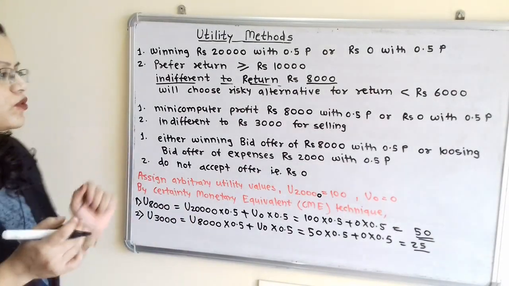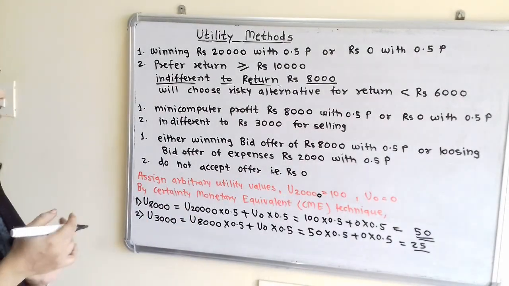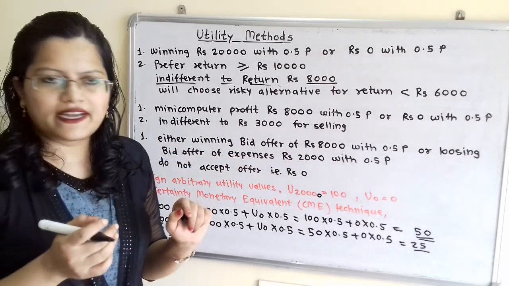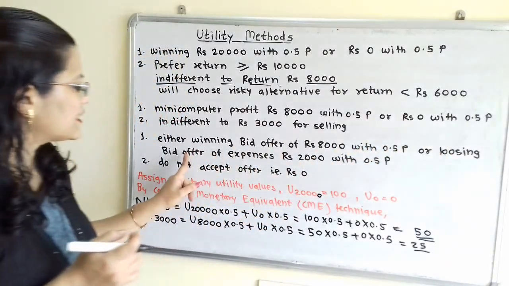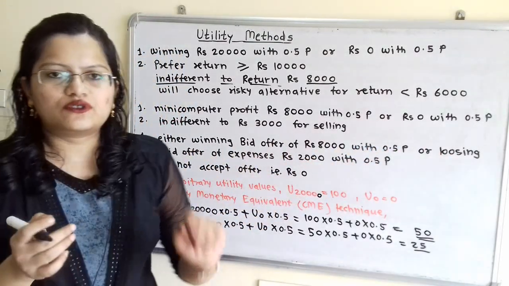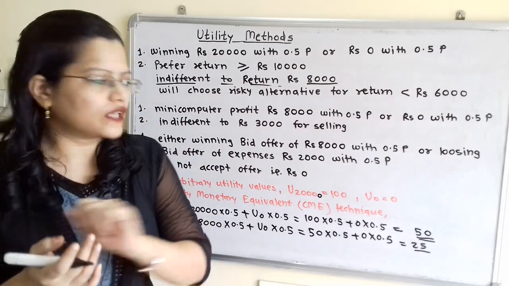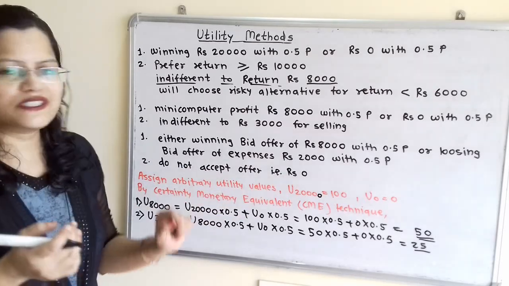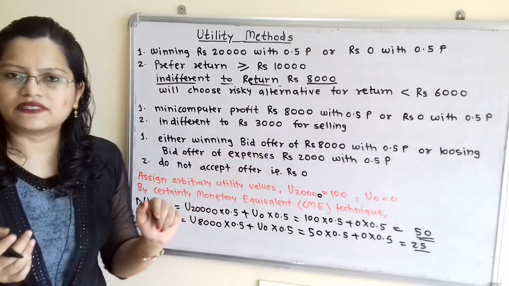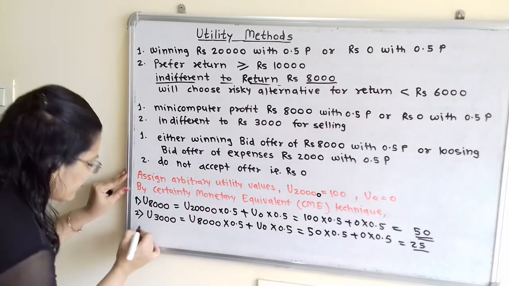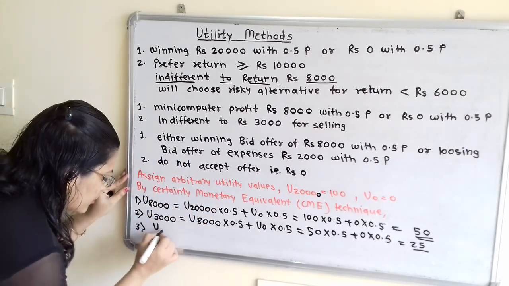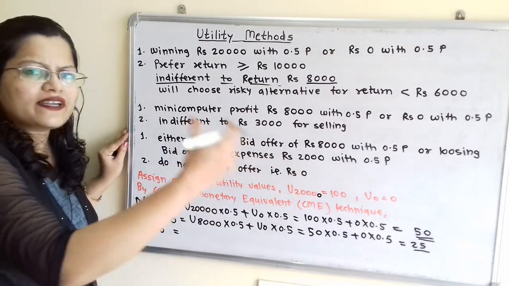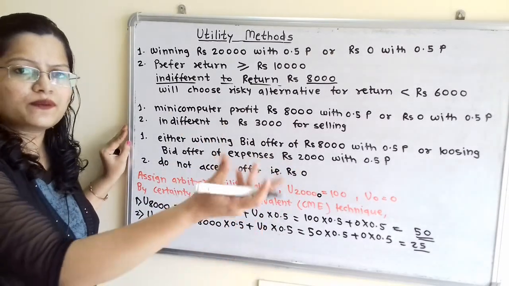Now again we will move to the third case. For this third case, it is given that there are two alternatives: winning the bid offer of 8,000 with 0.5 probability, and losing with minus 2,000 with 0.5 probability. The other alternative is that he should not accept the offer. He is indifferent to accepting the offer. So for the third case I can write U(0). If he does not accept the offer, he will get rupees 0, and it is sure, or we can say certain, with probability 1.